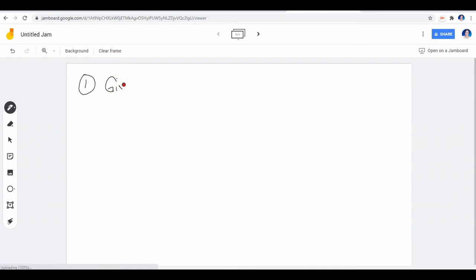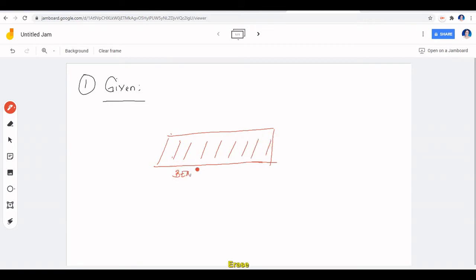And for the given, let's try to draw a flat plate. So let's say this is our flat plate, and this flat plate is benzoic acid.